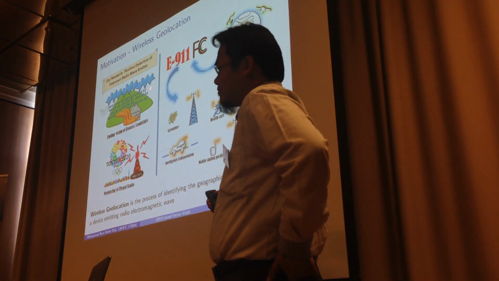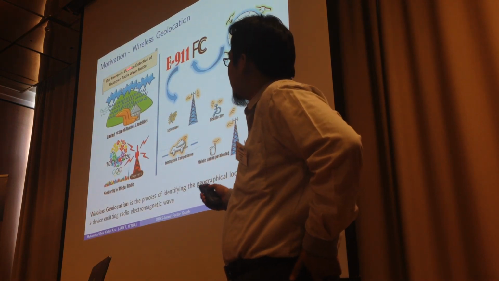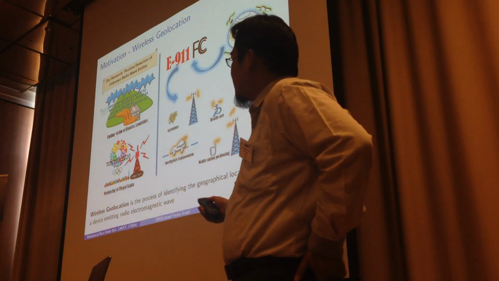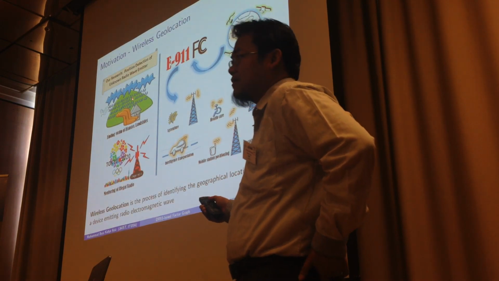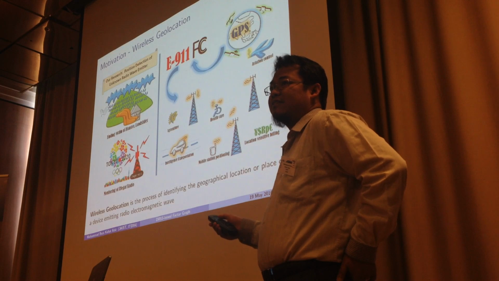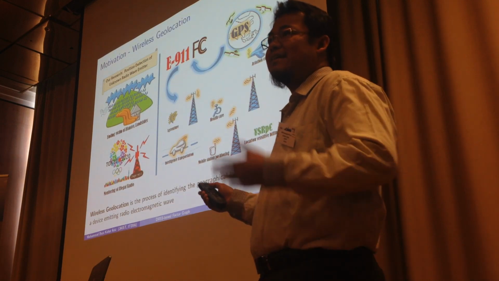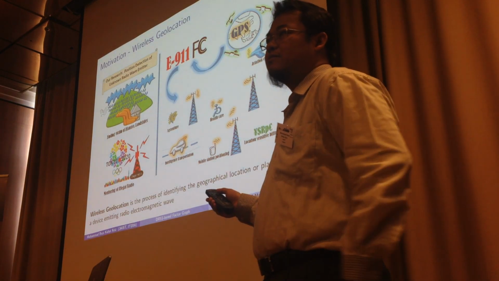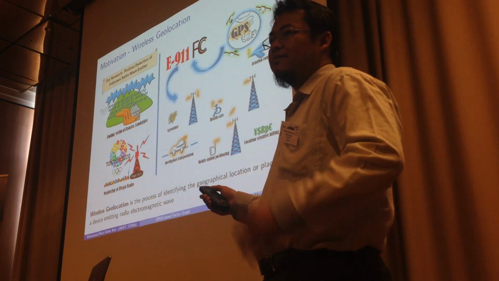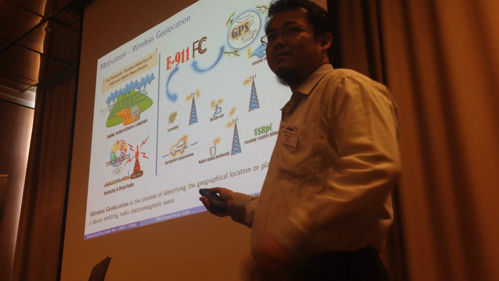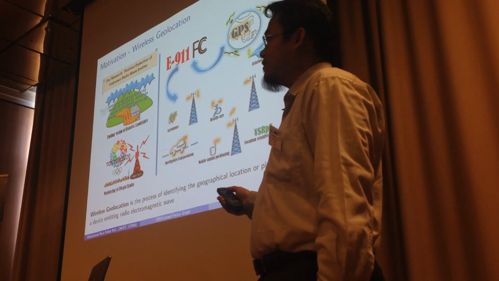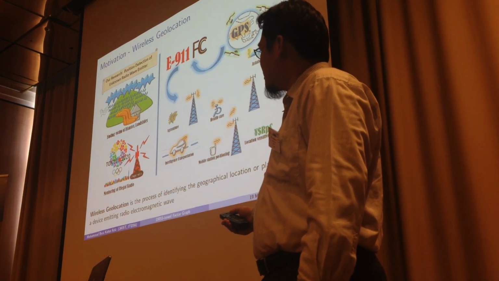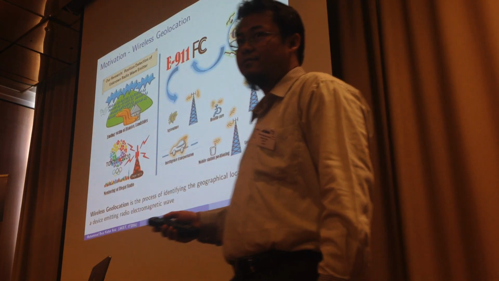But our focus is on the unknown radio emitter. For example, for disasters, any radio communications that are still active after disasters can help us search for victims. Also, for example, illegal radio.